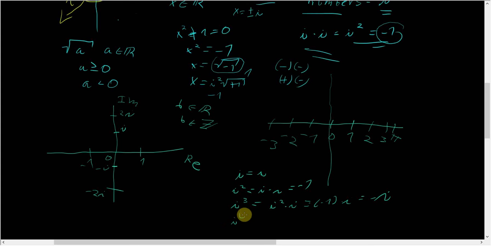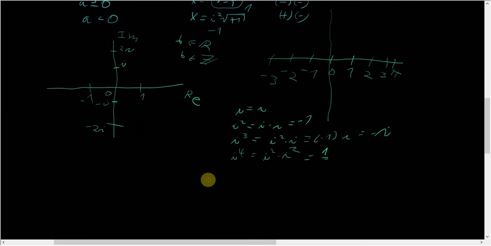So i to the fourth power is i squared times i squared, which is basically -1 times -1, which is 1. I to the fifth is basically i to the fourth times i, which is basically i. And as you see, it's getting repeated.